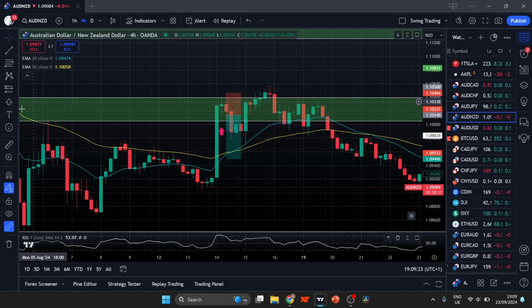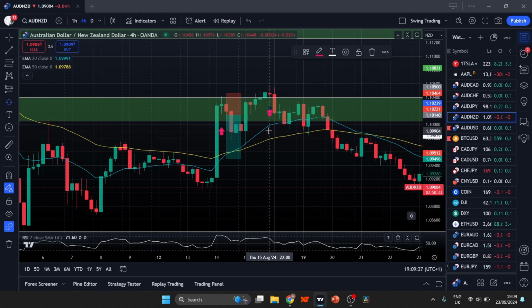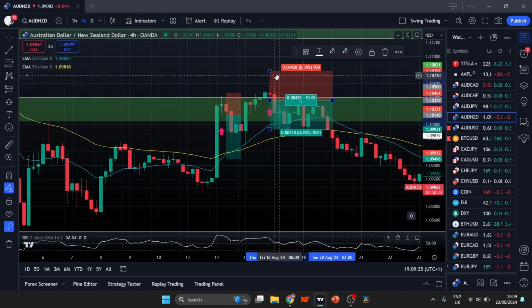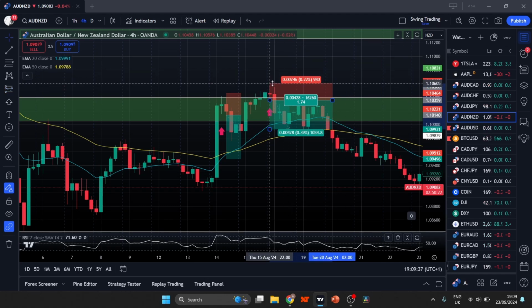Another doji. And then we'll do the same again. So stop loss just above, entry just below. I'll just move that across so we can see it more clearly.